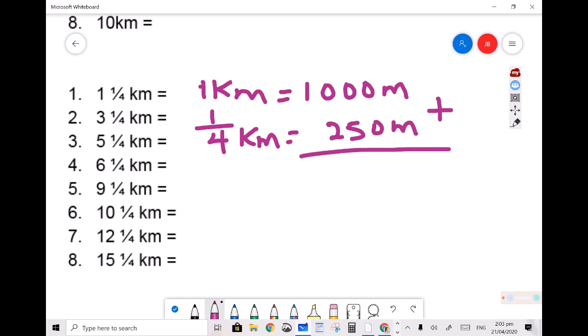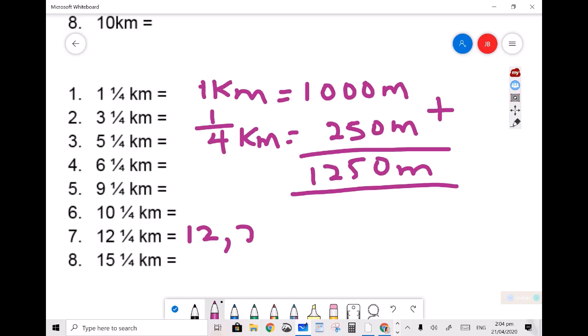When added together, we would have 1,250 meters. It is quite similar to the last exercise that we did. Similarly, the shortened version, as in number 7, would be 12,250 meters. I hope that this is helpful.